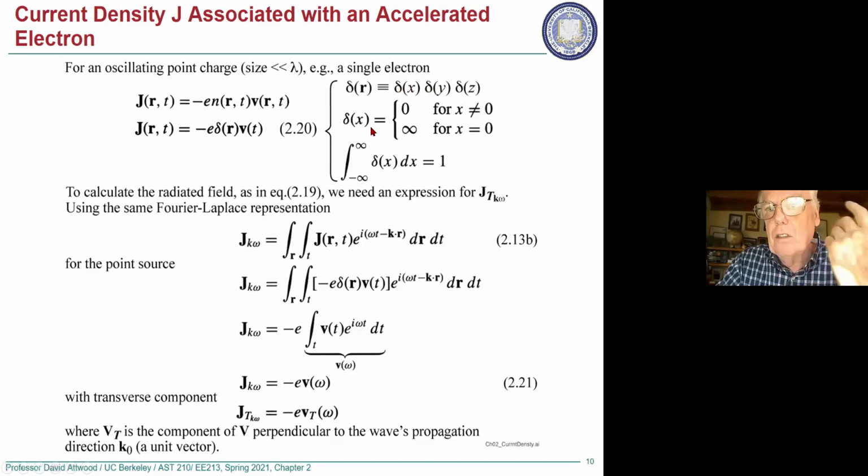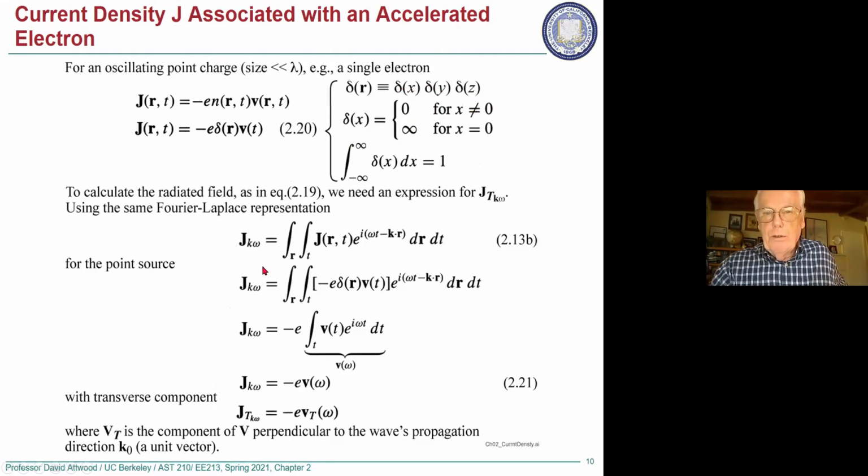And the delta function, you recall, is 0 whenever x is not 0, but when x is 0, it goes to infinity. And it's normalized, so this is a normalized delta function. So when we start doing that integration, we're going to get some help from these delta functions.